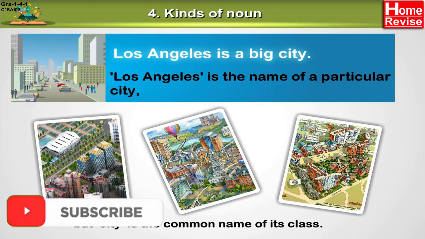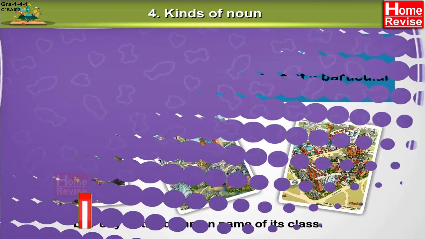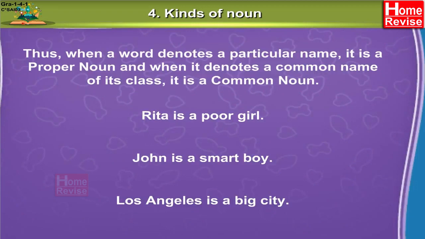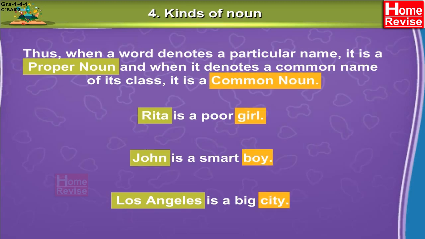Did you get that? Thus, when a word denotes a particular name, it is called a proper noun. And when it denotes a common name of its class, it is a common noun.